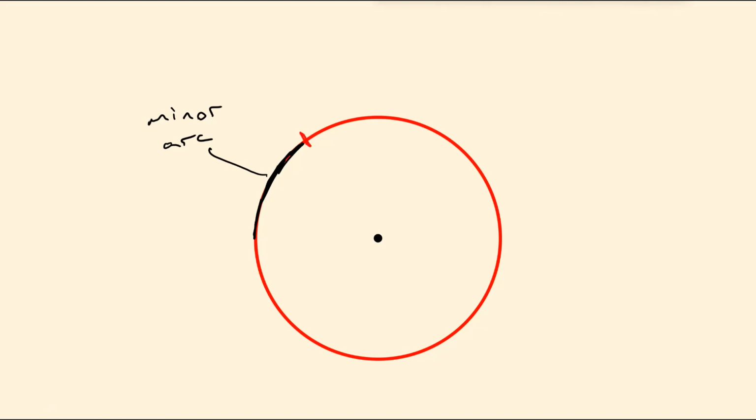Let's say we go from here all the way around the outside of the circle all the way to here. That red line is the, any guesses? That is the major arc. So in much the same way that we had a minor segment and a major segment, likewise we have a minor arc and a major arc. And now we are done with the bits and bobs of a circle.